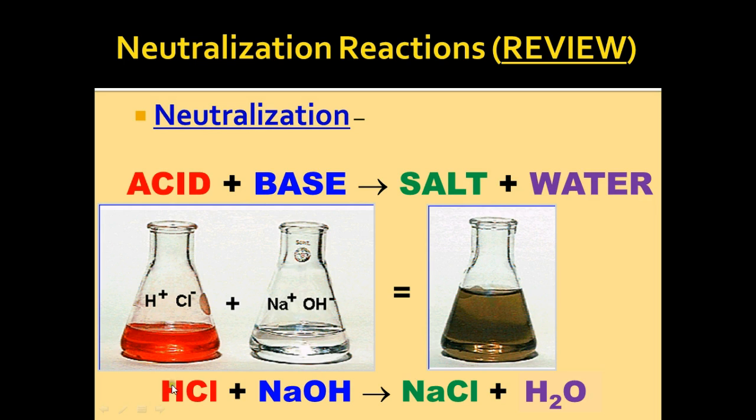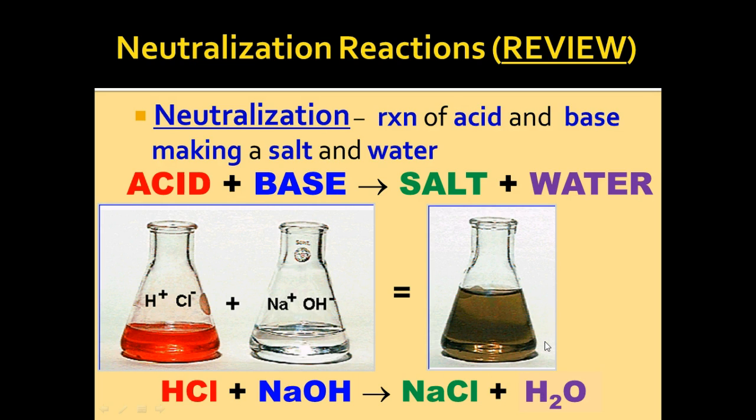The acid donates its hydrogen to the OH and forms water, H2O, and this Na and Cl are left alone. They bond and form an ionic bond, which remember are always neutral. So in the end, the product is always going to be neutral, so neither acidic nor basic. So neutralization again is a reaction of acid and base making a salt and water.